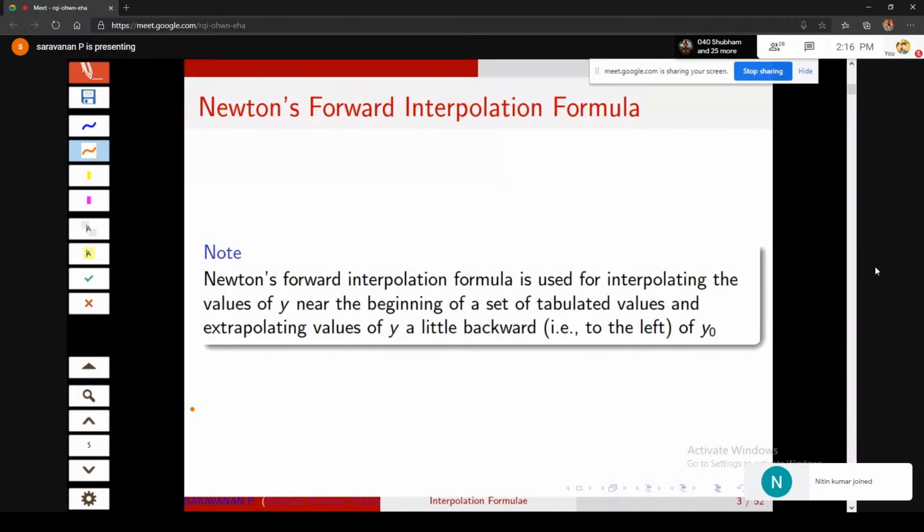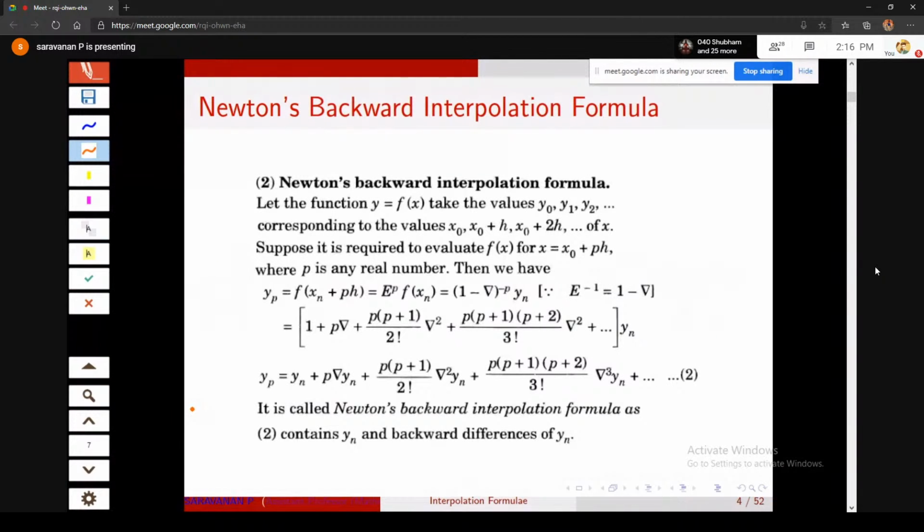In the same manner, we will derive the backward interpolation formula. So let's see. I want to compute yp, but here I write yp in terms of xn, that is xn plus ph. For example, how will you write x0 in terms of x2?